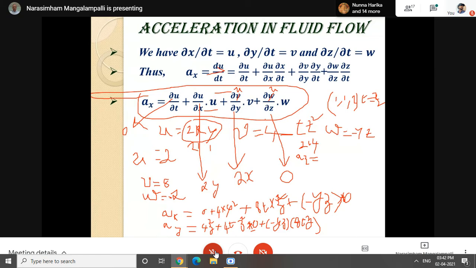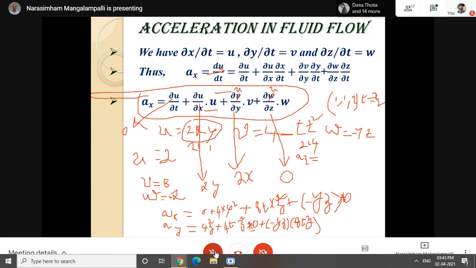What is ax you got? See, the first term is 0 in ax, the second term is 4, and the third term is 8t x z square. 8 into 2 into z, x is 1, z is 2. So 64. 64 plus 4 is 68.